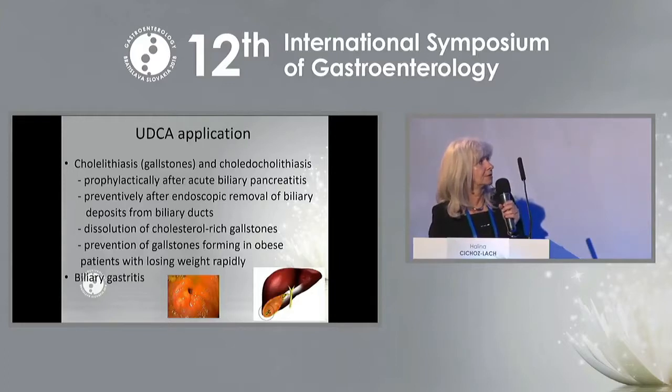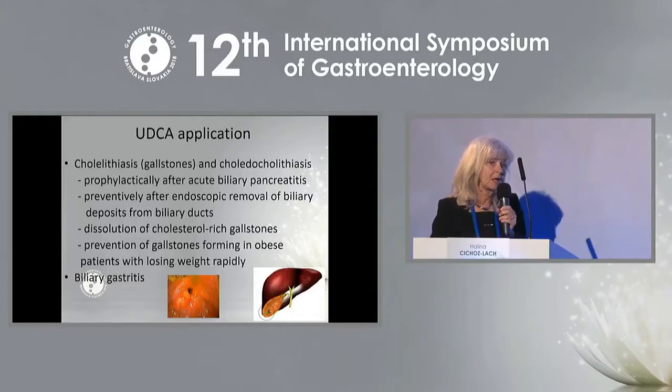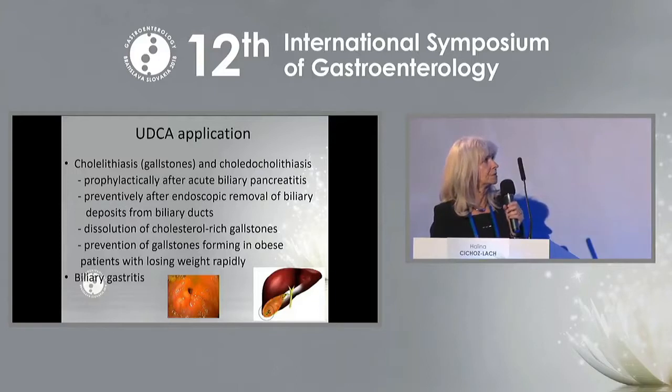UDCA can dissolve cholesterol-rich stones and can prevent the formation of stones in obese patients losing weight rapidly. Literature data also demonstrate that UDCA is helpful in the treatment of biliary gastritis.